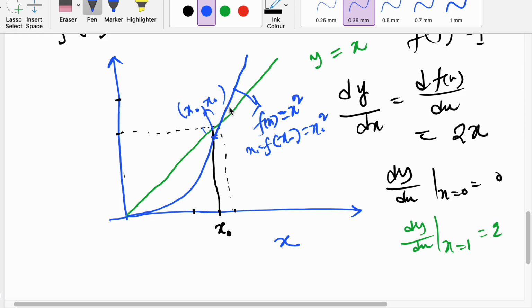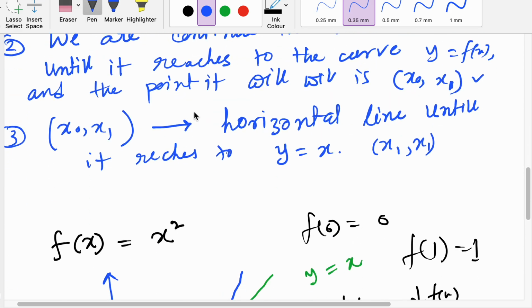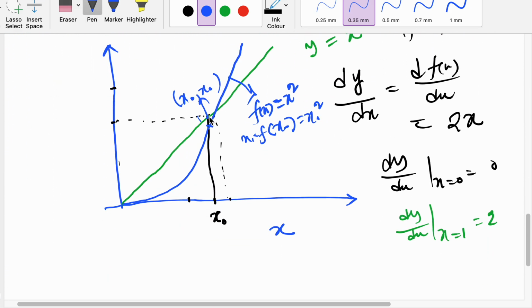Now what we'll do? Okay, so it goes closer to x equal to 1. Now we have to draw a horizontal line. If I draw a horizontal line, you see it going closer.